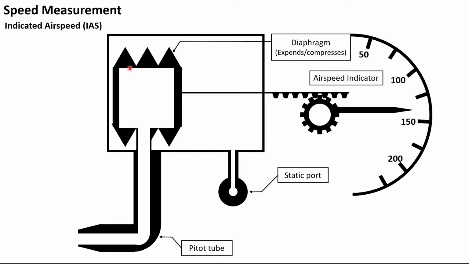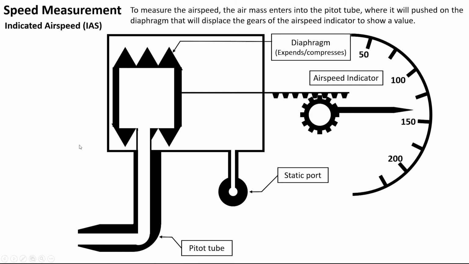Inside the case you have a diaphragm, an accordion-like instrument that expands and compresses. Here you have the pitot tube, which is connected to the diaphragm, and all the mechanism attached to the diaphragm, which is also attached to the gears and to the needle on the airspeed indicator, with some graduation that I made here. And here you have the static port, which is connected to the case.